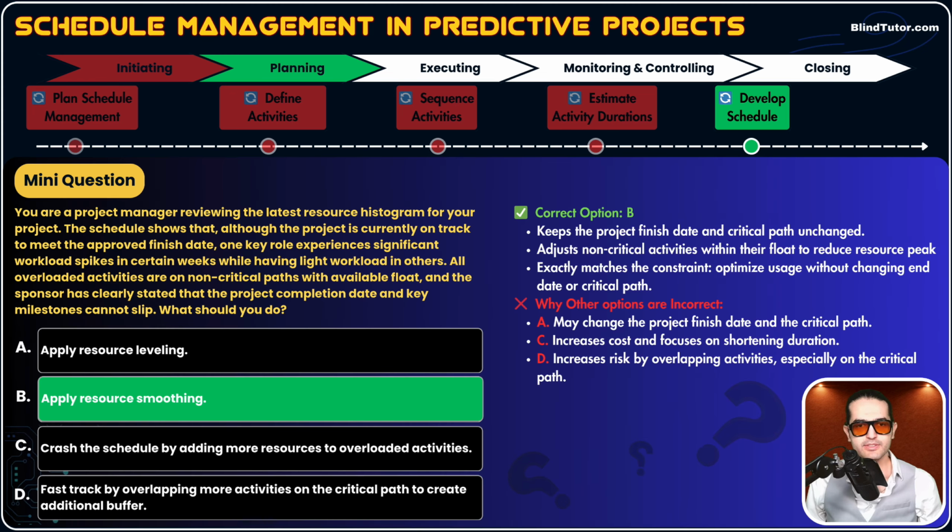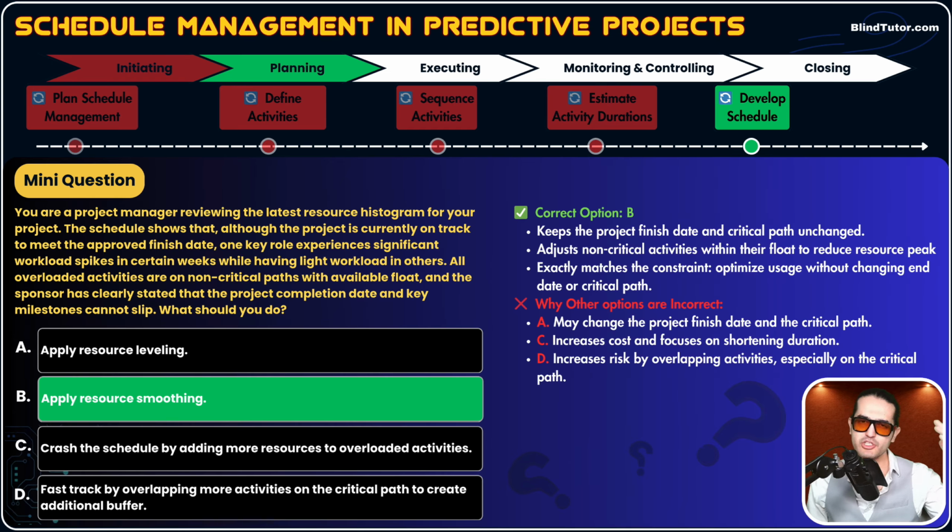C, crash the schedule. You're going to see crashing and fast tracking in the next lesson. These are called schedule compression techniques. We use schedule compression techniques when the problem is the deadline, the project's finish date. Here, the problem is resource, so we use resource optimization techniques.